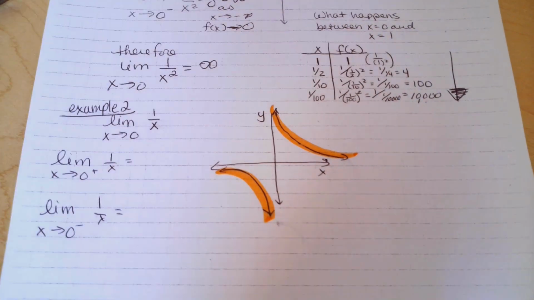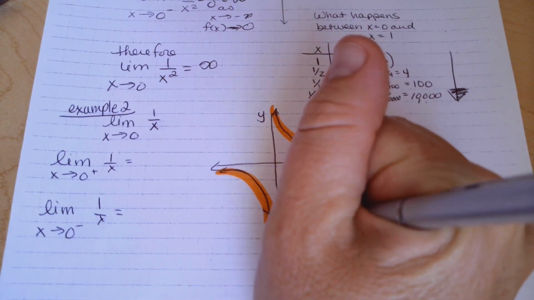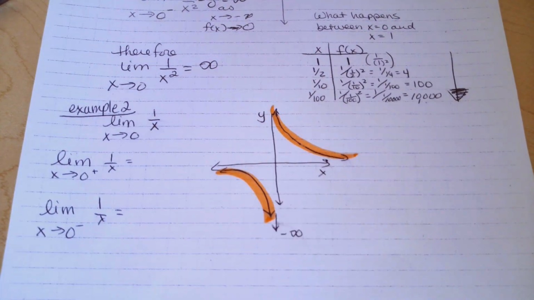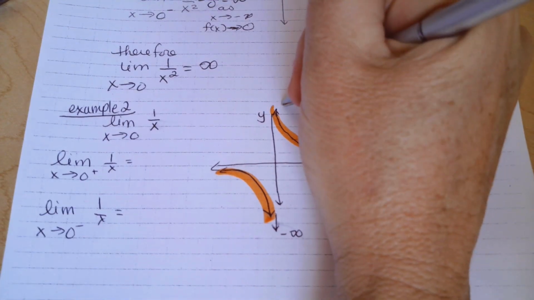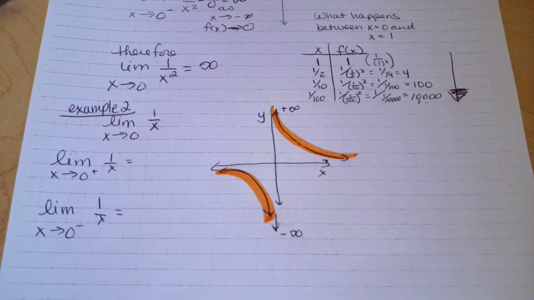And so graphically, we can clearly see that here this is headed to negative infinity. And here this is headed to positive infinity. So graphically, we can see that we're not headed to the same place as we approach 0 from the right and from the left.